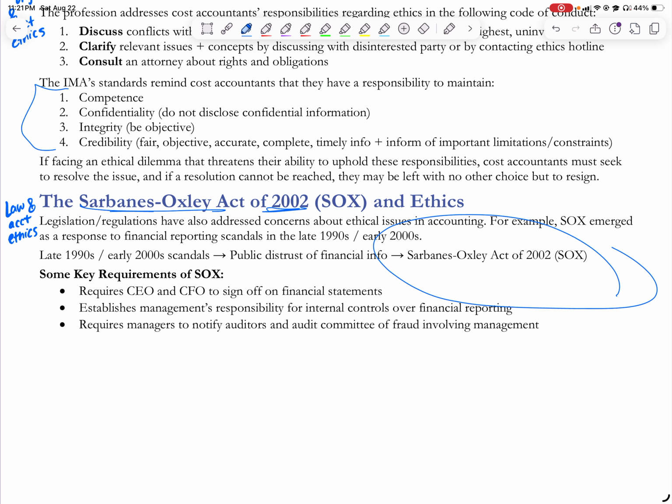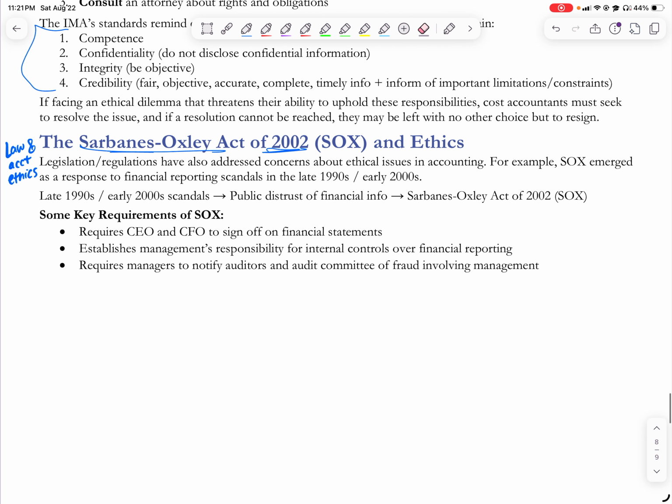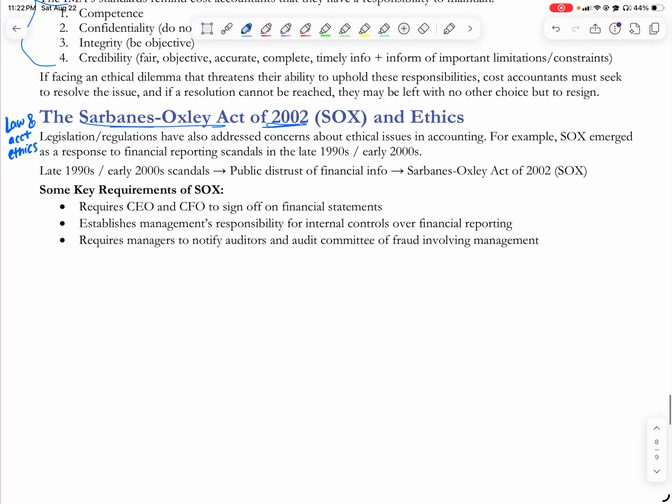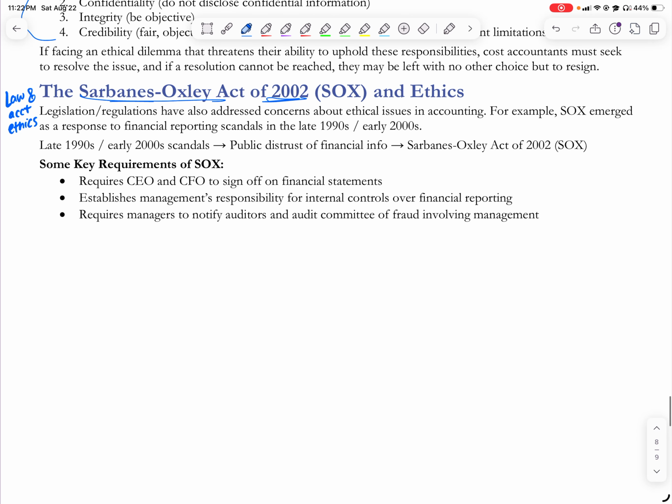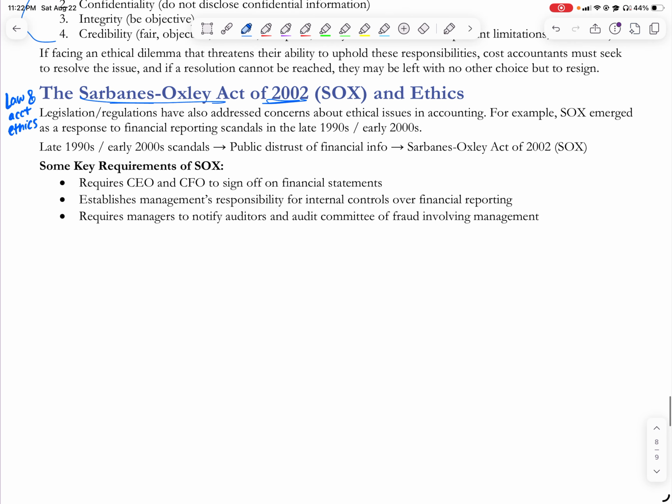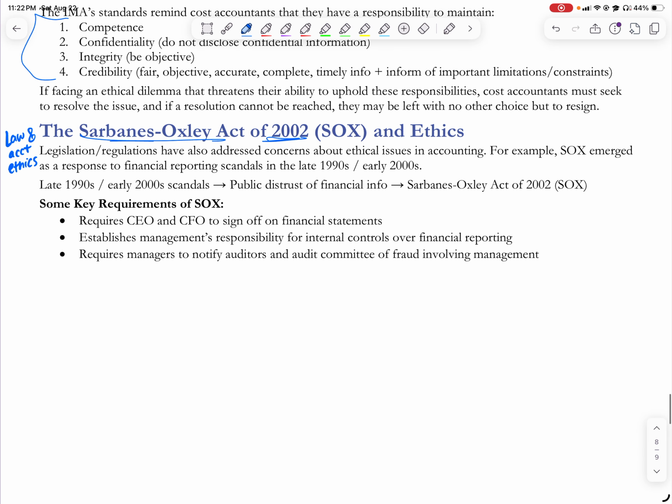That weakening of the public's trust prompted legislators to act in a way to improve accounting information and to restore the public's trust in it. It did so by legislatively establishing management's responsibility for financial statements and requiring them to disclose frauds to the auditors, to audit committees.